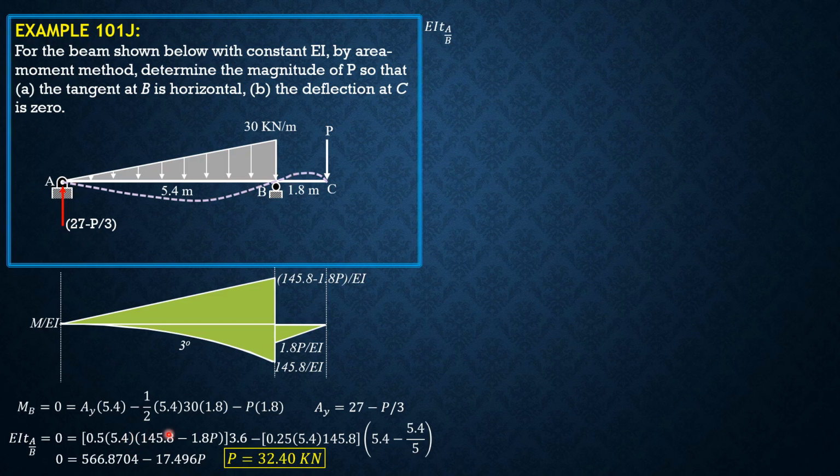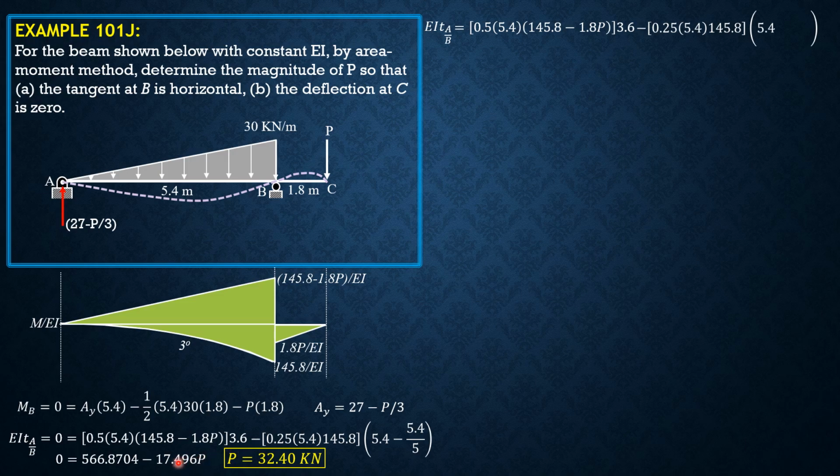So we copy the same terms, except that we do not equate it to zero anymore, because the condition in part B is different from part A. So there is now slope at B. So we just copy this, then times 3.6 minus 0.25, 5.4, 5.8 times quantity 5.4 minus 5.4 over 5.